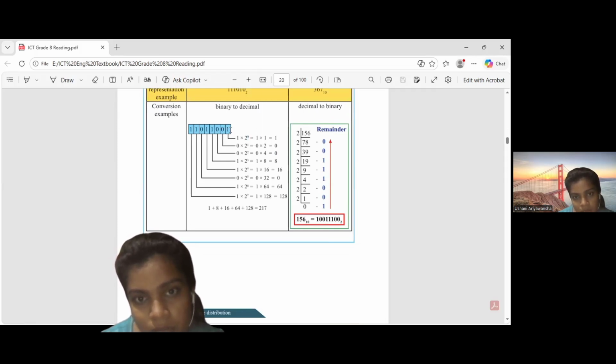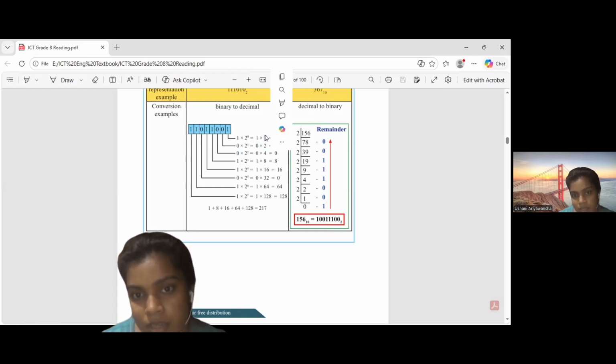You should multiply this 1 by 2 to the power 0, right? So this 0 multiplied by 2 to the power 1. Here, next 0, right? 0 should be multiplied by 2 to the power 2, right? So on.